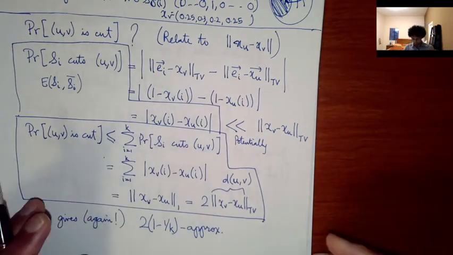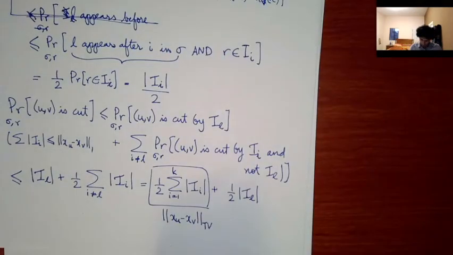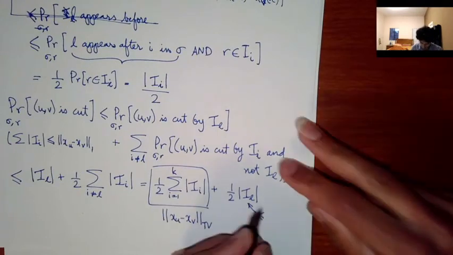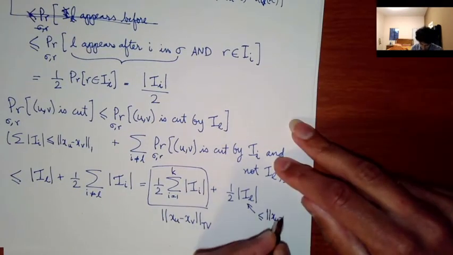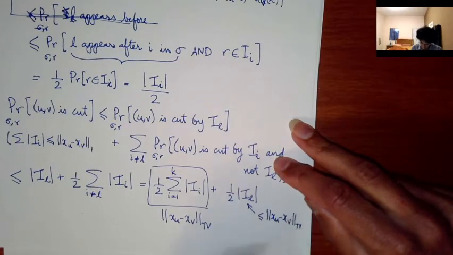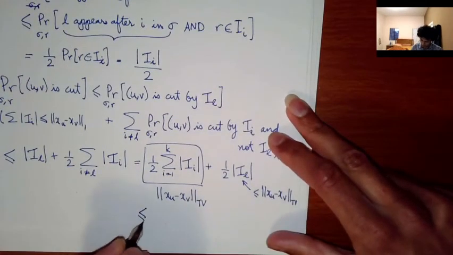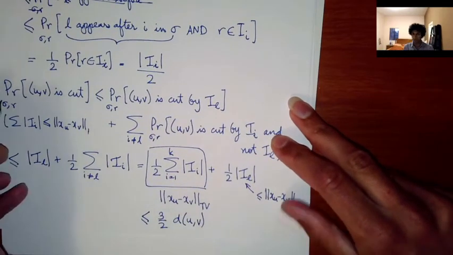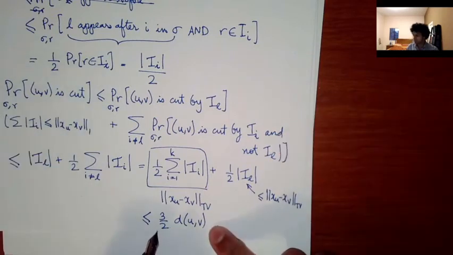So this is also at most the total variation distance. And so this leads to a bound of 3/2 of the distance between u and v. So the probability that uv is cut is at most 3/2 of the distance.